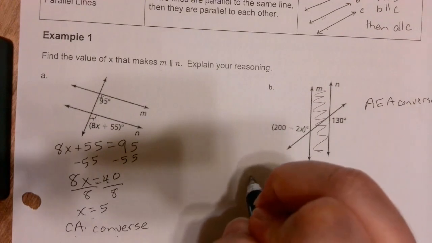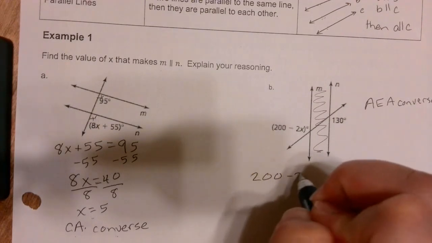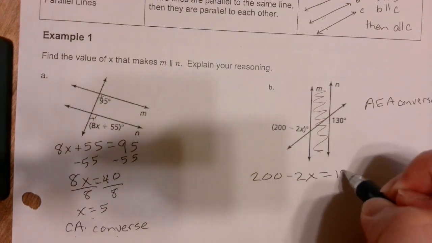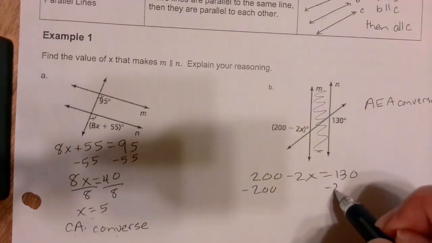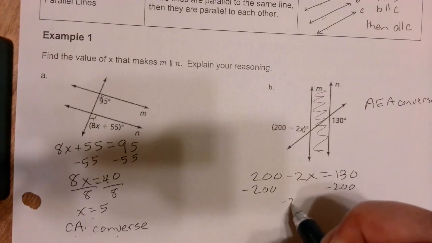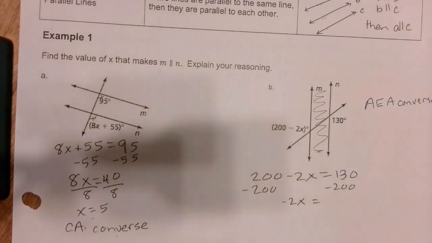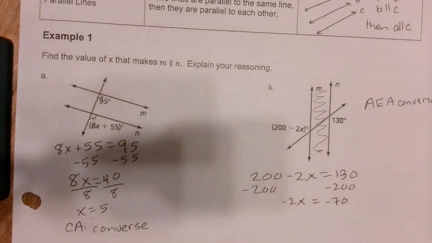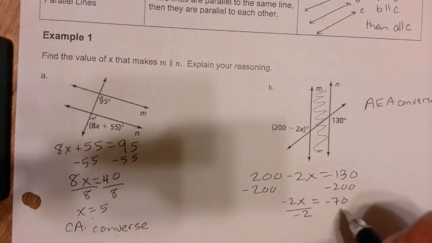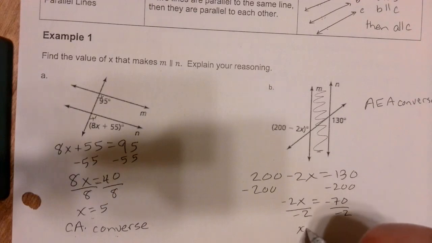So set them equal. 200 minus 2x equals 130. Subtract 200 from both sides. We're trying to get the x by itself. So negative 2x equals negative 70. Divide both sides by negative 2. X equals 35.